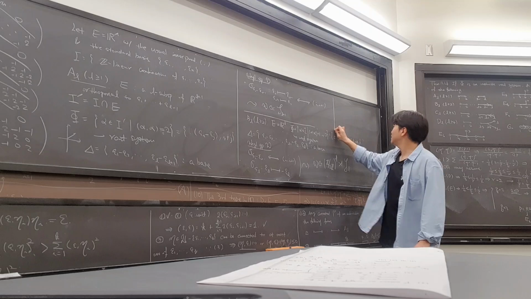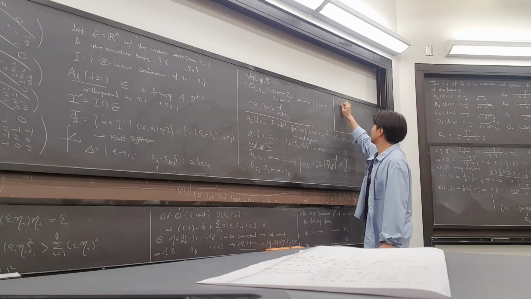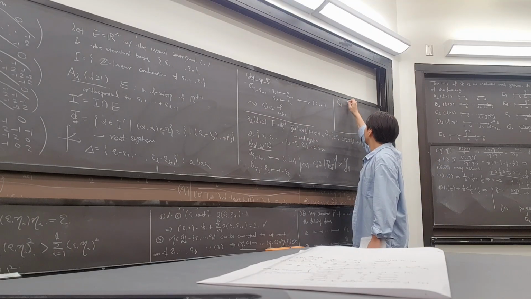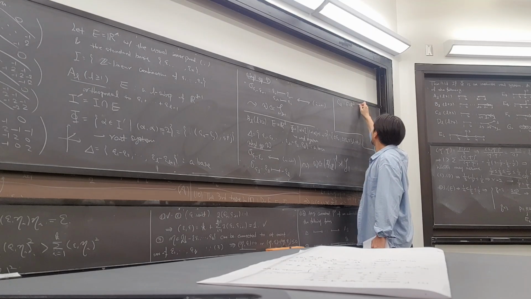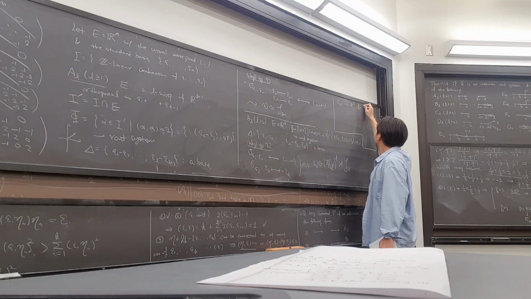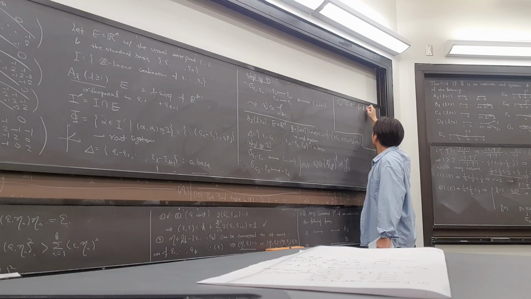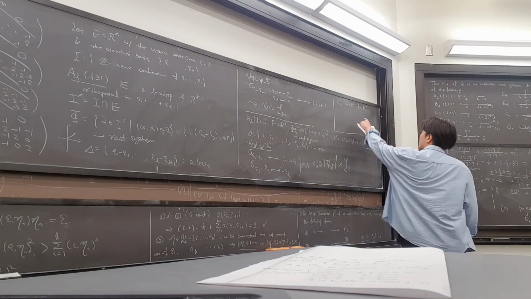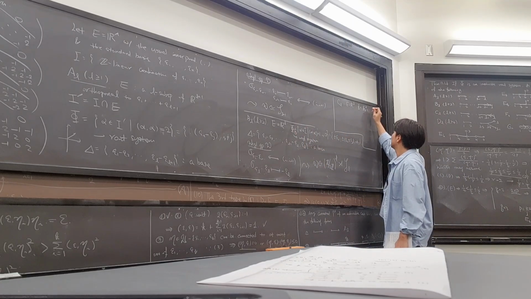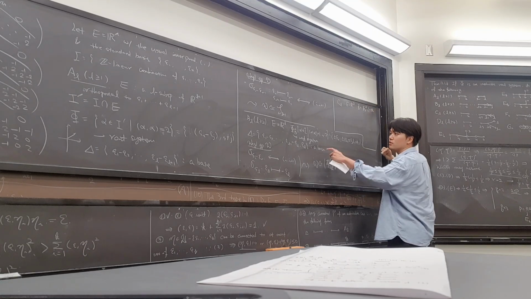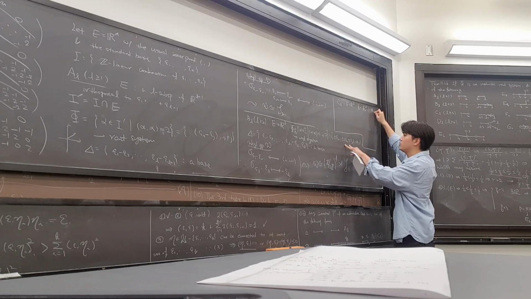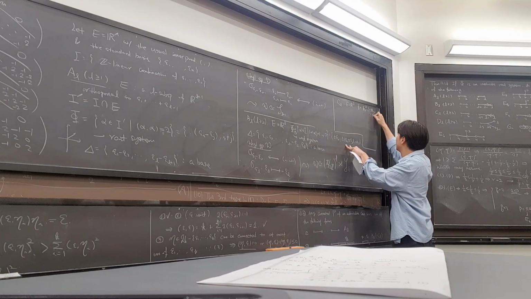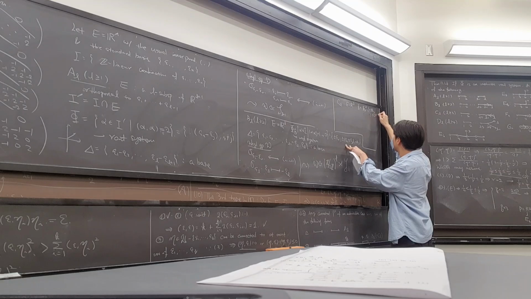And then the C_l case is very easy because it is just from the B_l case. So E is R^l, and Phi is defined by just the dual of the root system of B. So we can easily check. This is just plus or minus 2 epsilon_i. So this one corresponds to this one, and this one is preserved. So plus or minus epsilon_i minus epsilon_j, plus or minus epsilon_i plus or minus epsilon_j.